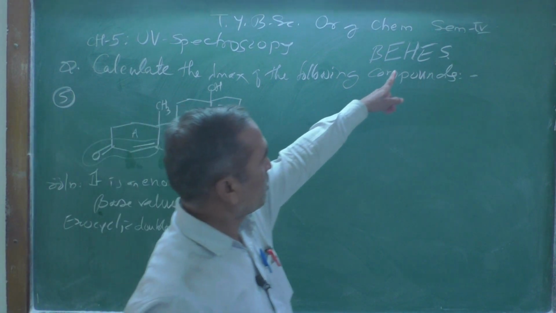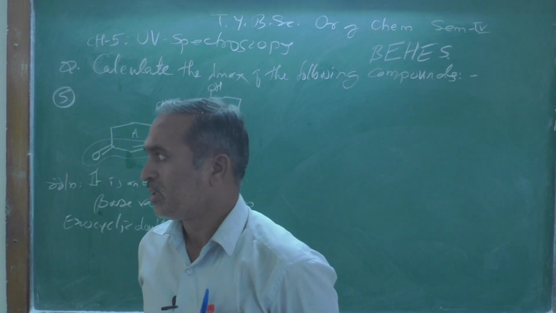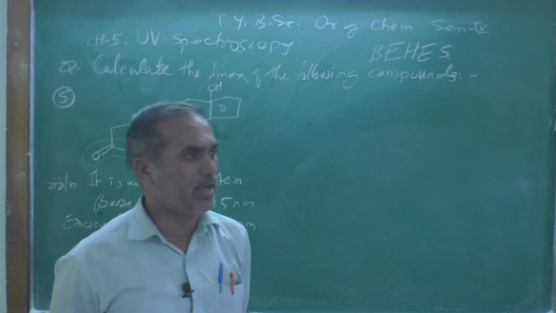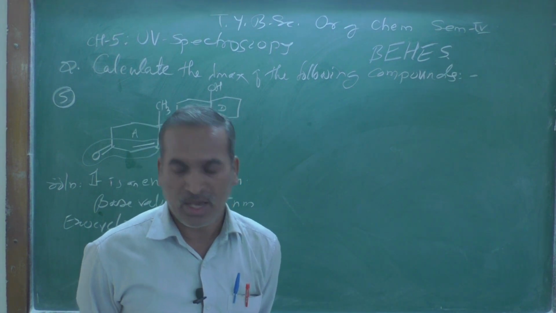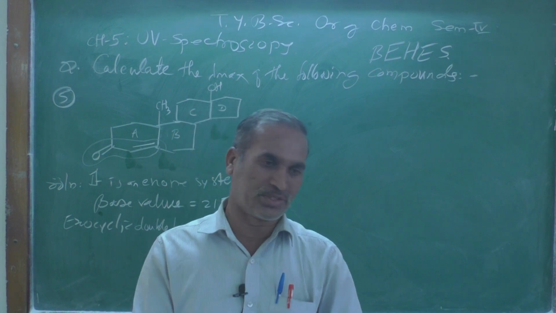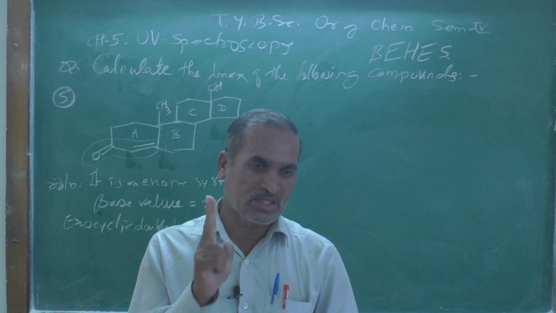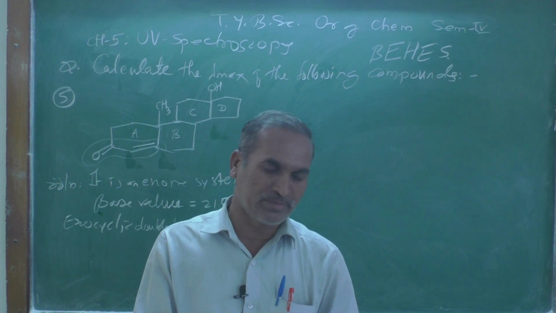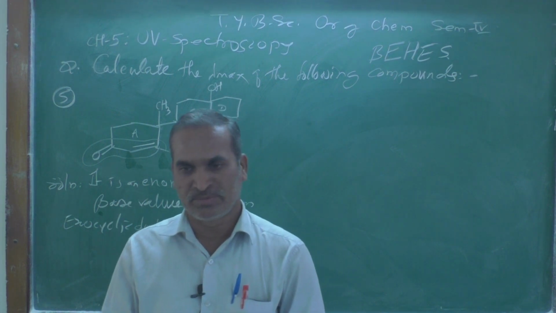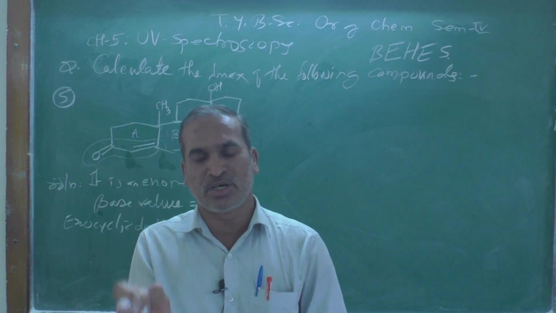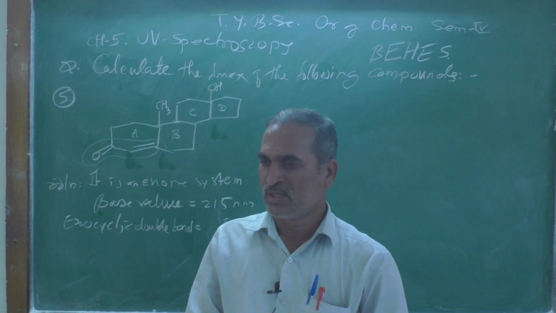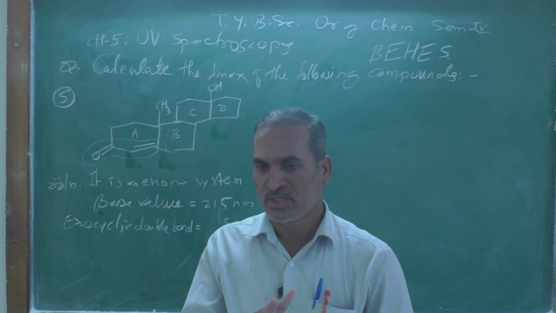Now another, the third letter, H. What does H indicate? H indicates homoannular system, and as we know, homoannular system means what? Listen carefully: if both the double bonds are present in the same ring and are in conjugation, then it is considered to be a homoannular system, otherwise it is not.